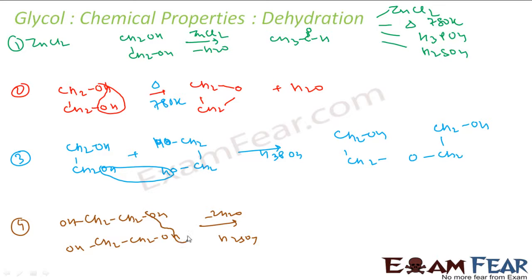Do this one and this one. So what you get is CH2, there's an O here, there's an O here, CH2. Dioxane. These are the 4 different options based on the different type of agent used.